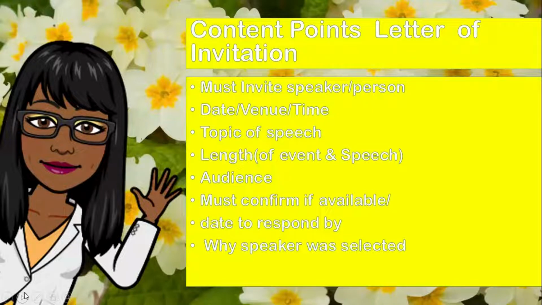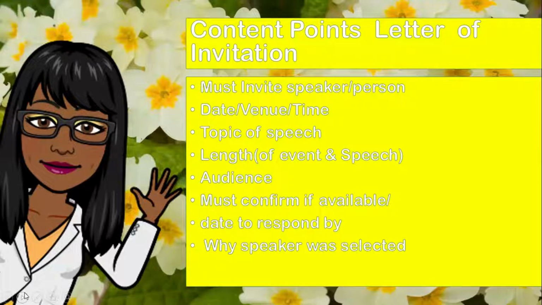You must give them a time to confirm if they are available. Okay, so if the event is for November 23rd, you might want to say, please confirm by November 17th. And the date that you want to put is the entire date. Don't just put November 17th. You have to put November 17th, 2021.